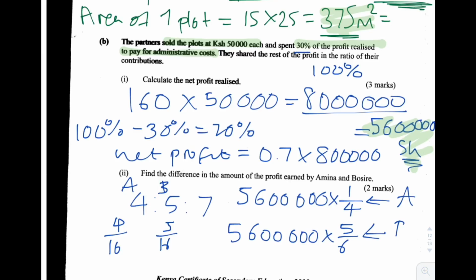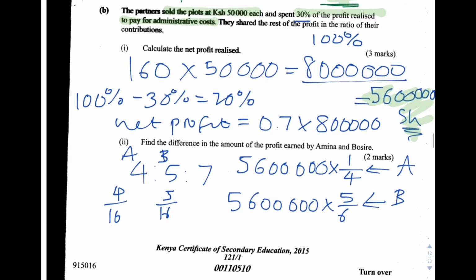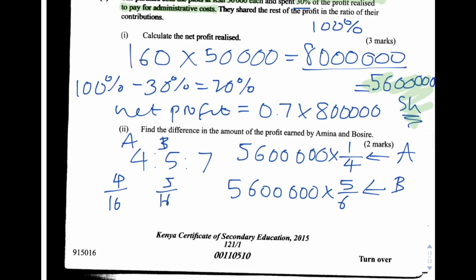So that's the amount earned by Bosire. And let's work out what these are, and I'll write them quickly here. So for Amina, it's 5.6 million multiplied by 0.25 or divided by 4. Either way, you can put into your calculator to get the same result.